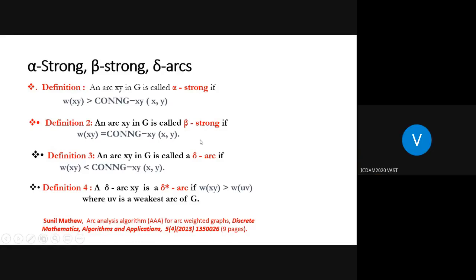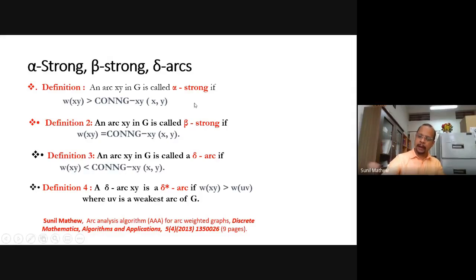And in that, I have divided the arcs into 3-4 different categories, based on the connectivity between the end nodes of the edge and the weight of the edge. If the weight of the edge is more than the connectivity between the nodes, in that situation, it is called an alpha strong edge.